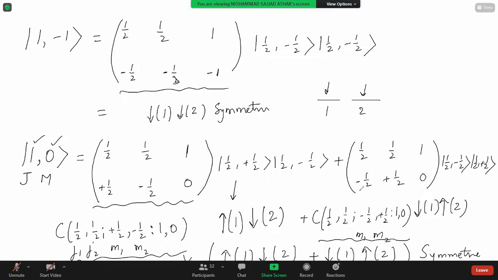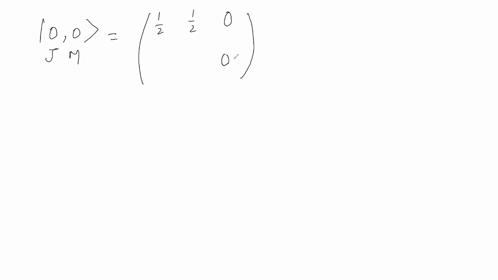Now let us take the fourth case where your J is 0 and M is 0. The fourth possibility is your J is 0 and M is 0. This you are forming from two spin half particles where you have fixed that my J should be 0, M should be 0.